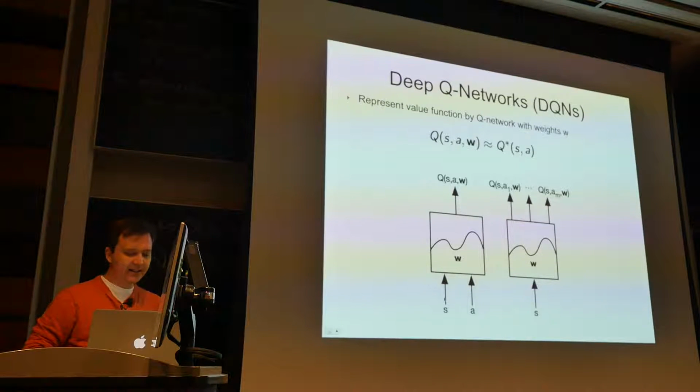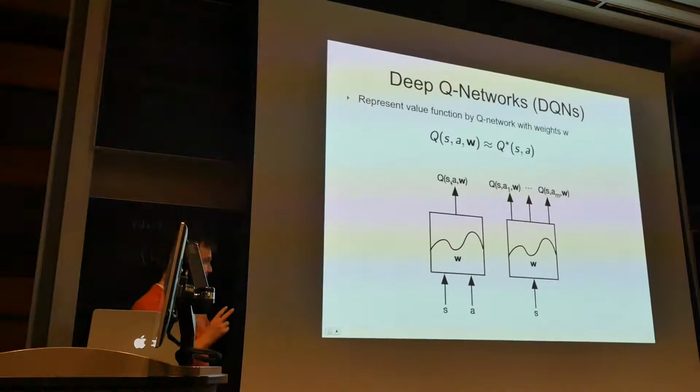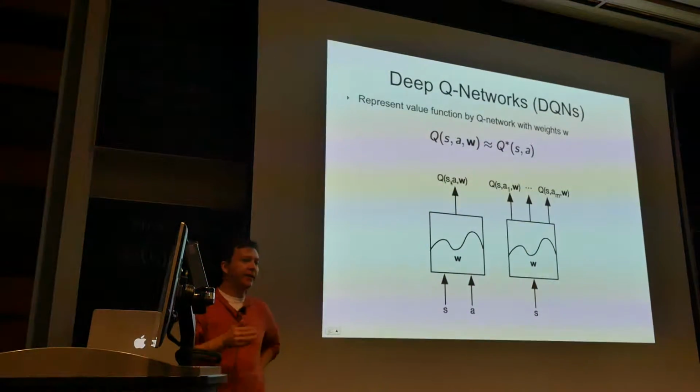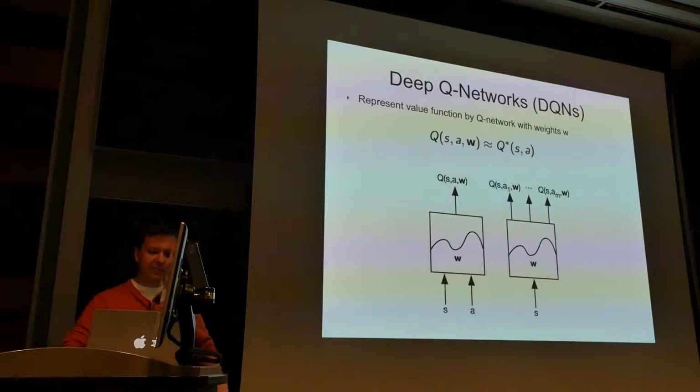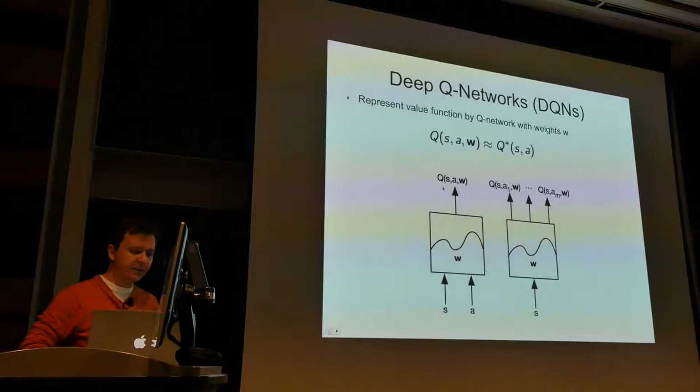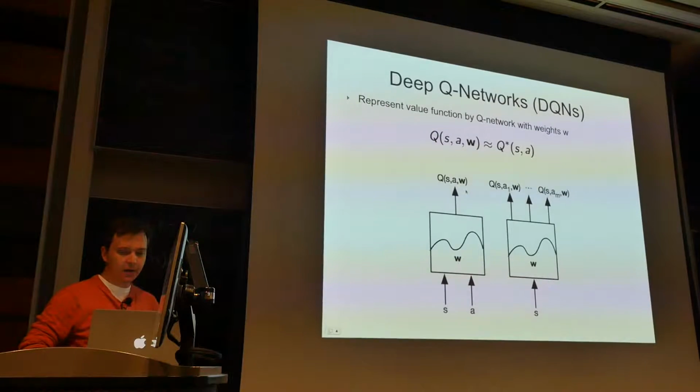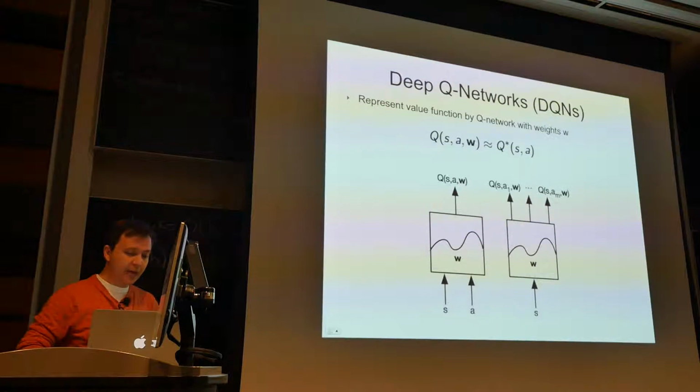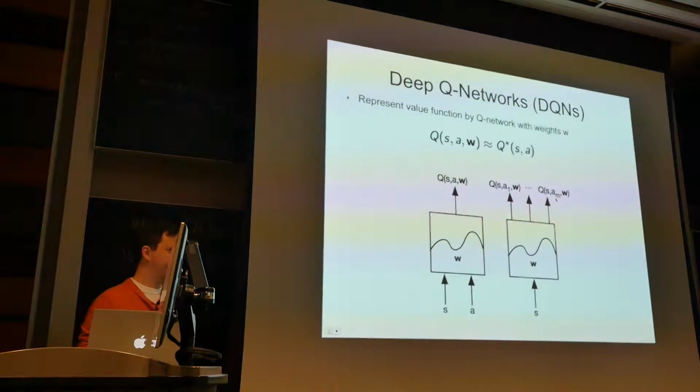You can do it both ways. You can have a system which takes a state and an action and produces a Q value. That's one way of doing it: given a state and given an action, you have some neural network with parameters W that spits out the Q function. This is the other approach that people have used, particularly in a setting where you have discrete actions: you're given a state, the state goes through the neural network, and if you have m different actions, you have m different outputs, one for each action.